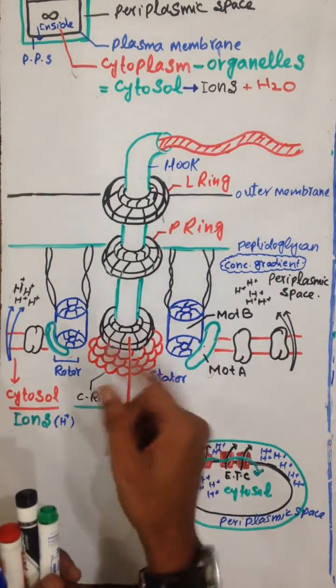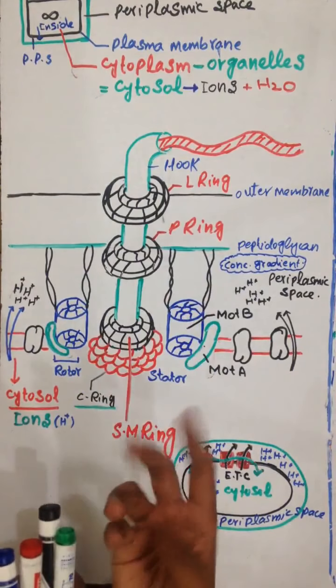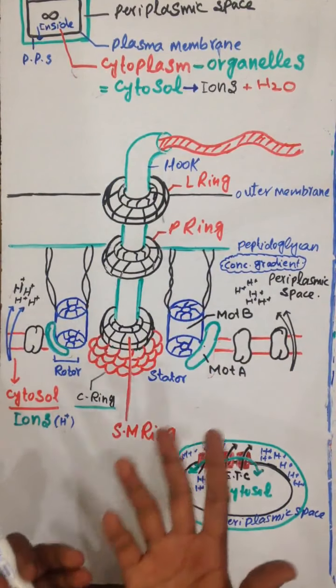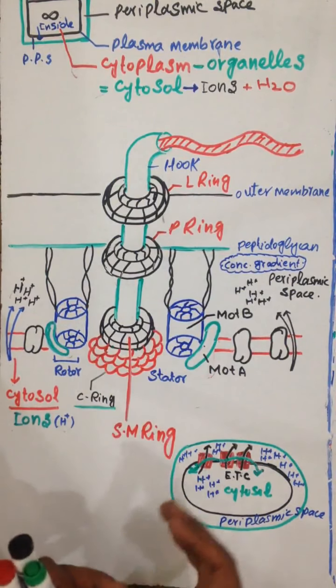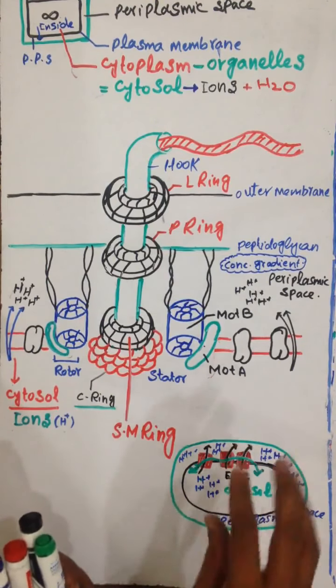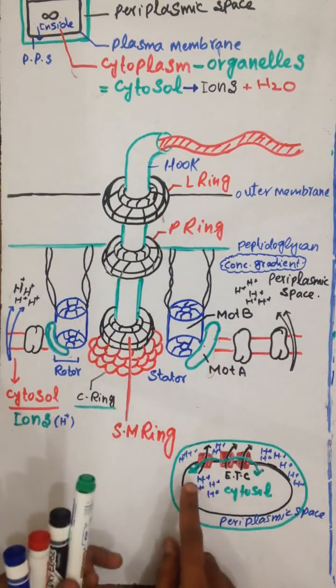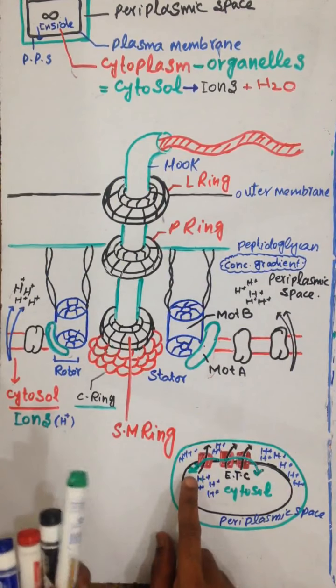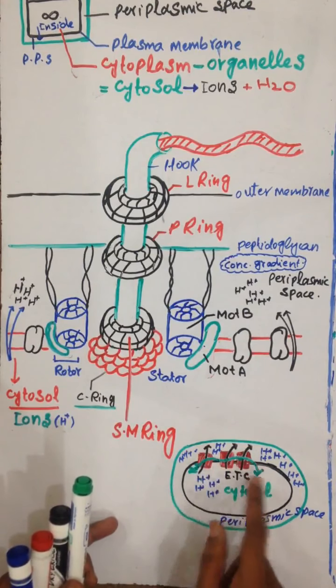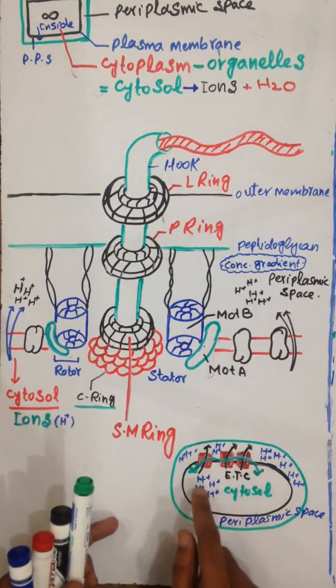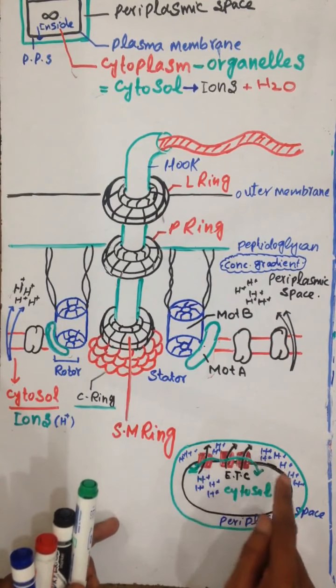So for rotational movement there is a need for energy. From where will that energy come? Energy will come by changing the form of energy which is previously present in the cell. So excited electrons that have energy will move. That movement is called kinetic movement. This kinetic energy will be used to pump hydrogen ions into the periplasmic space.